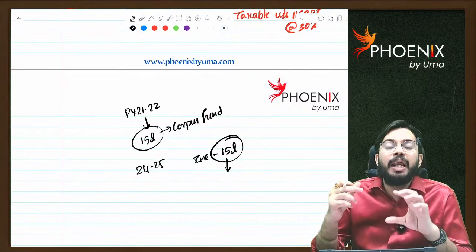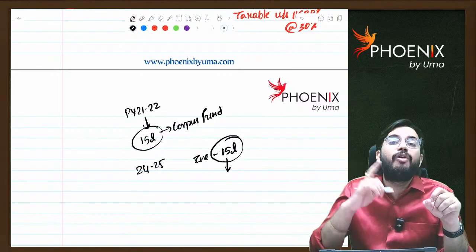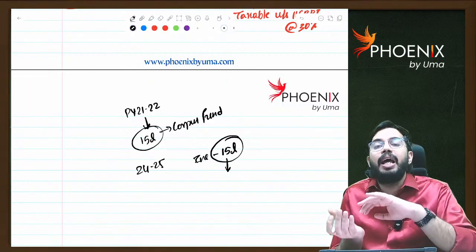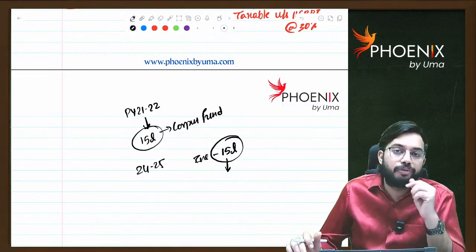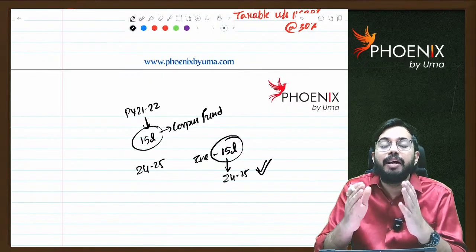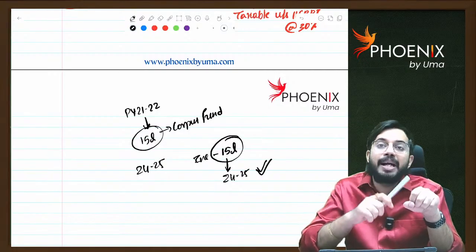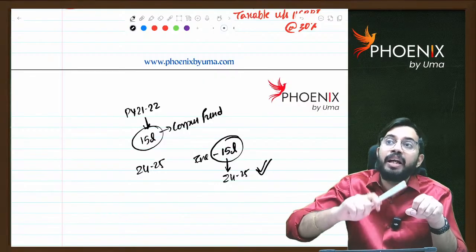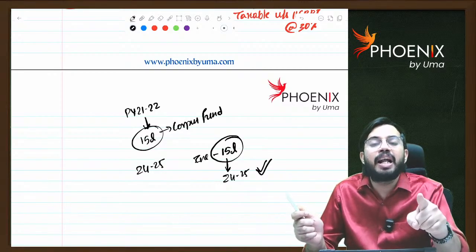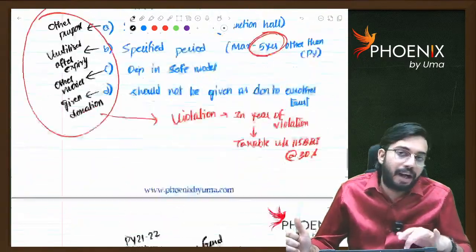That means I repaid the 15 lakhs that I took from corpus fund in 21-22 and used to pay salaries. In 24-25, it is allowed as applied. See, here observe. In 21-22, I took 15 lakh rupees and paid salaries, but in the year I paid salaries, it is not treated as applied. It is treated as applied in the year in which I repaid that amount to corpus fund. Are you able to understand?